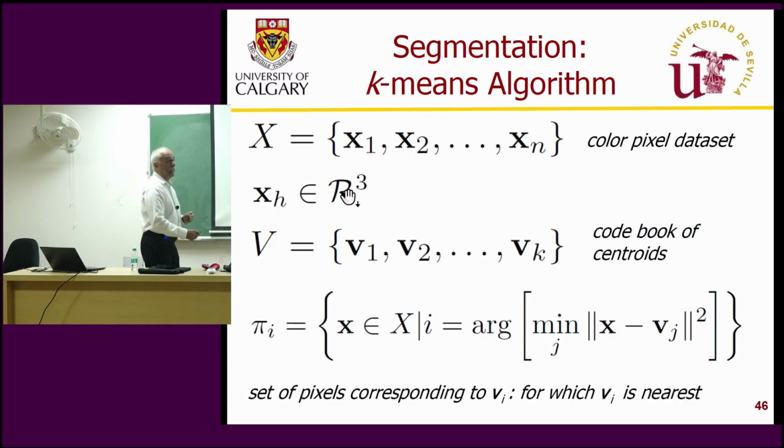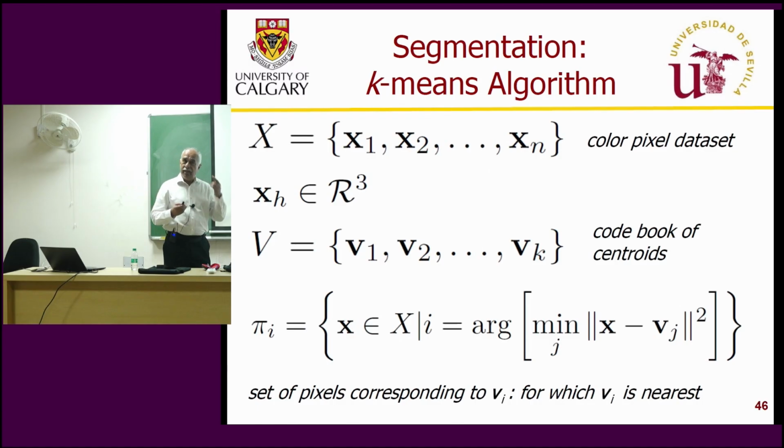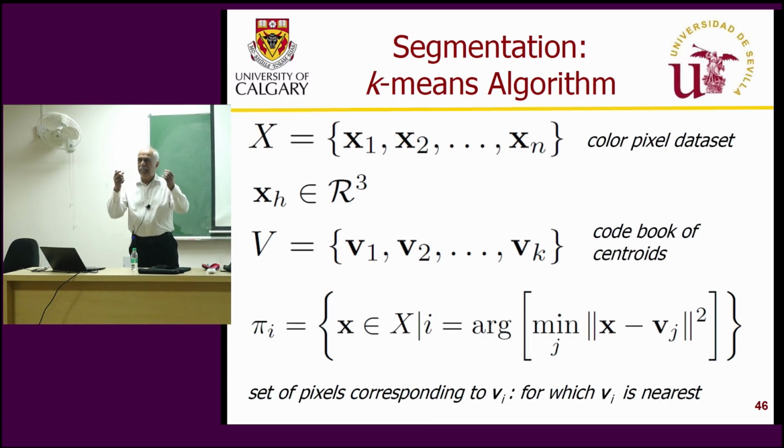Segmentation, the K-means algorithm is a pattern classification algorithm that can be used for color segmentation too. We have a color feature vector here for each pixel, RGB or LAB, whichever color coordinate system you use, it's a vector. So you want to ask, does this pixel belong to this category or this color reference, whatever the reference prototype is.